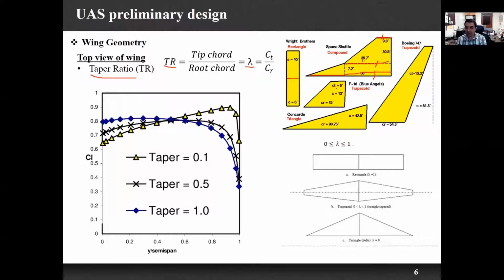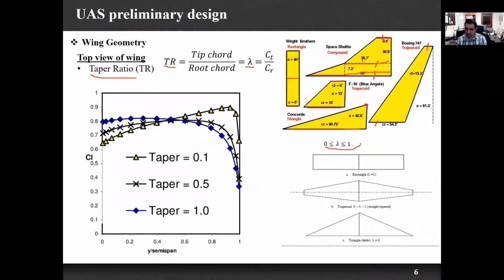This is the F18 Blue Angels. Here, this divided by this gives us the taper ratio. This is part of a delta wing shape. These are half of the wing shape actually. It is going to be almost 0 divided by this, so the taper ratio has a small value. And for this Boeing 747, the taper ratio is CT divided by CR.